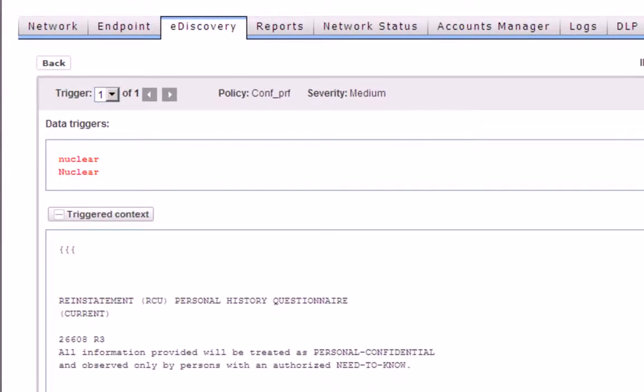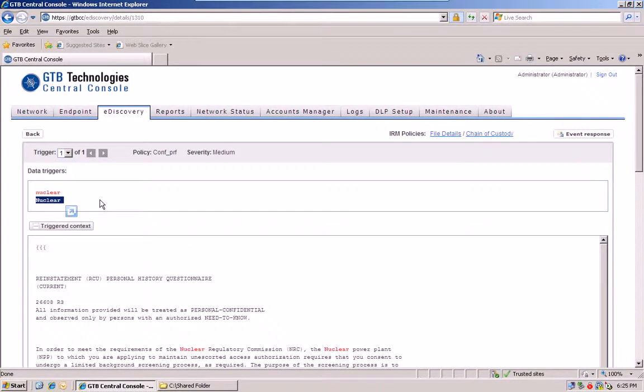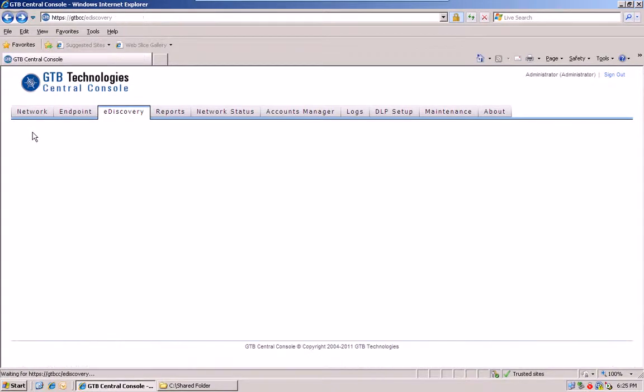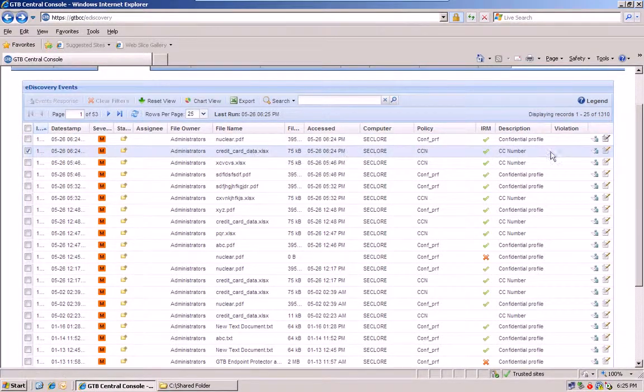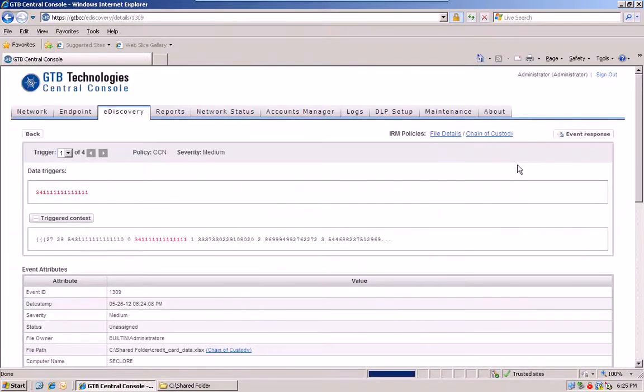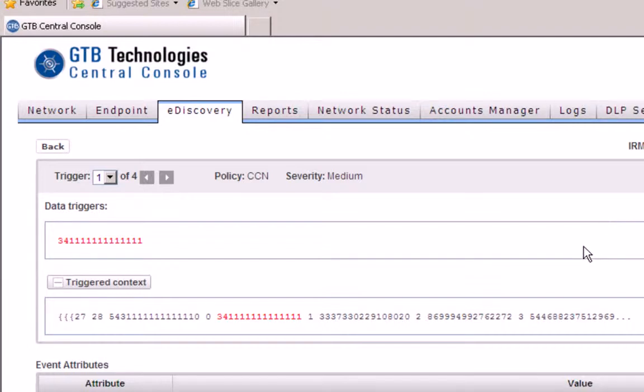For the nuclear data document, the keyword nuclear was detected, and hence the GTB DLP system raised a confidential keyword policy violation. Now let's have a look at the other document, the credit card data document. In this case, it found 4 or more credit card numbers in the document, and hence the GTB DLP system raised a credit card number policy violation.